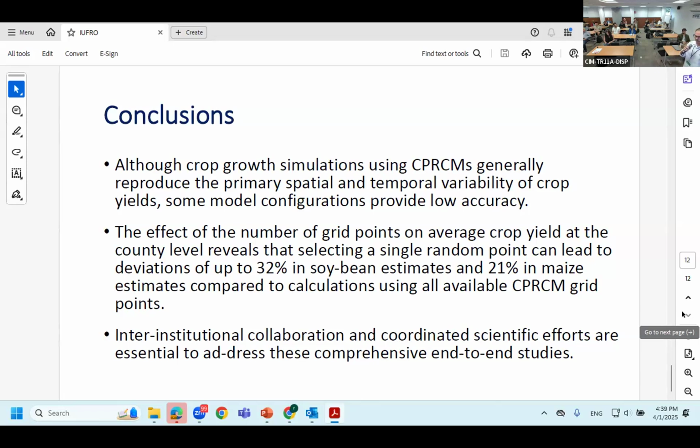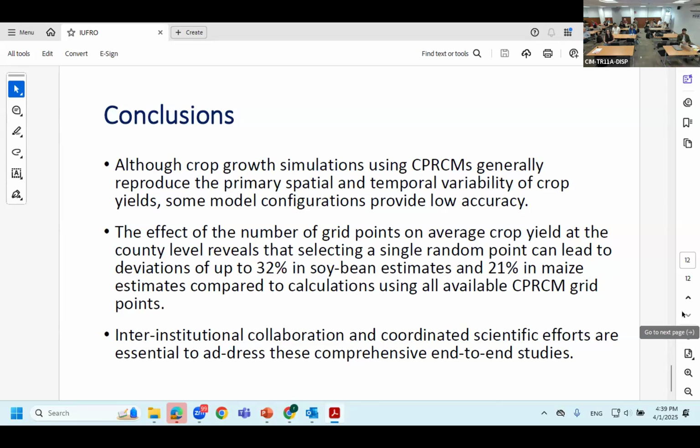And even though the general evaluation you could do using just 1 point, the effect of the number of grid points is important. For instance, if you select just one single point in a county, you could get a deviation up to 32% for soybean, 21% for maize.